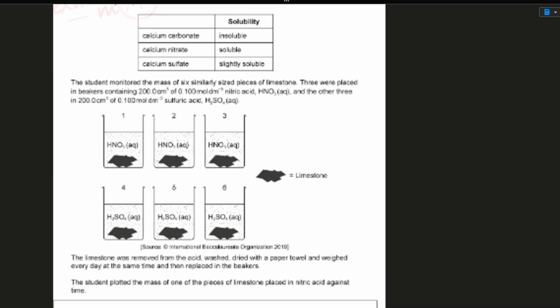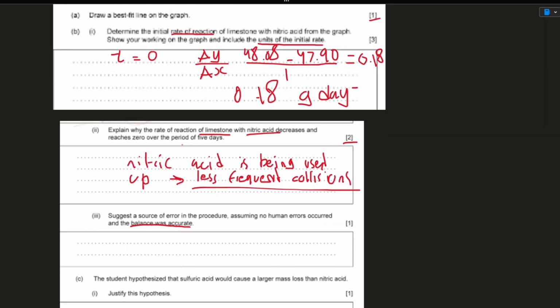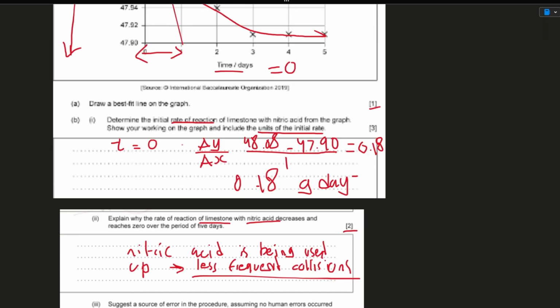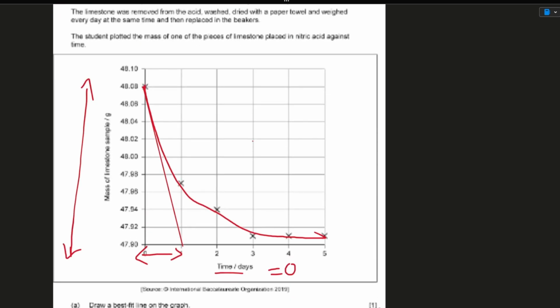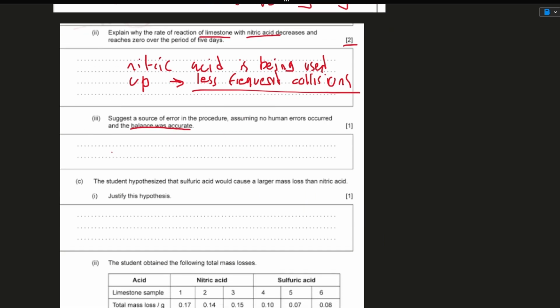Possibly if we look at the diagram, we can see that the beakers were not covered, which could lead to evaporation occurring, which could affect the results in the procedure. So we can say beakers not covered.